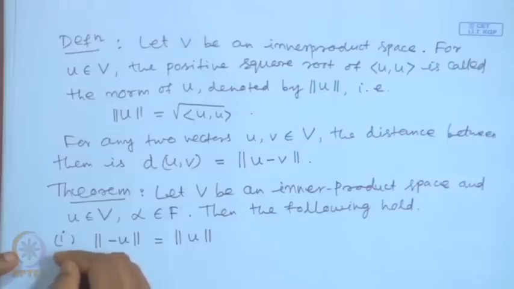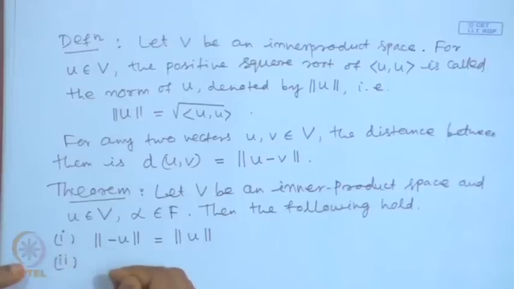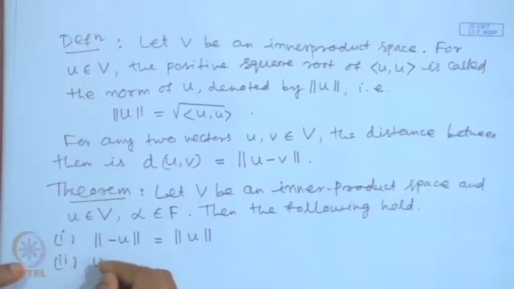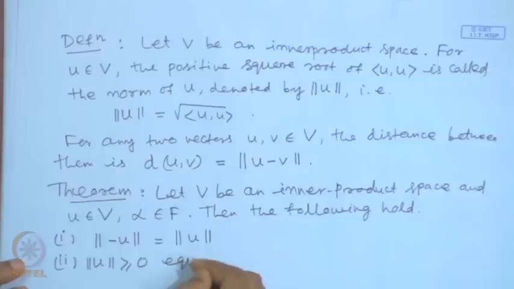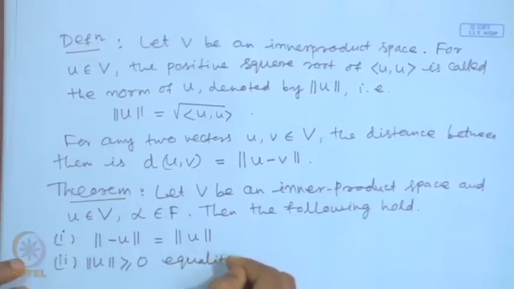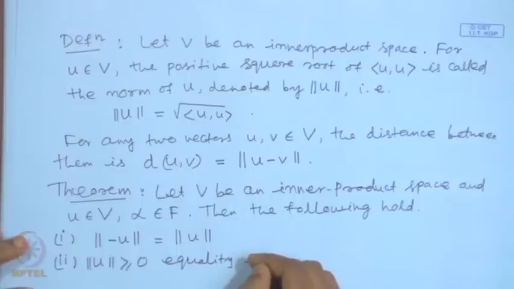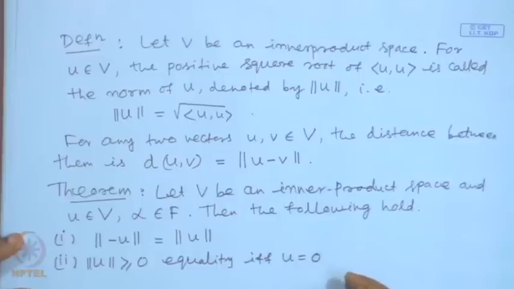Second result: norm of u is greater than or equal to 0, with equality if and only if u is 0. Of course, this follows from the fourth axiom of an inner product.